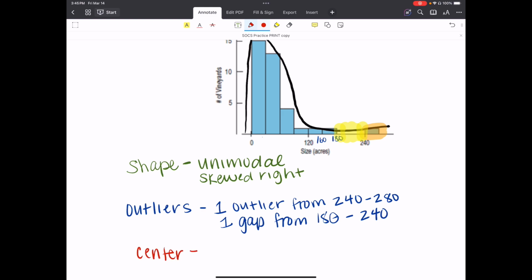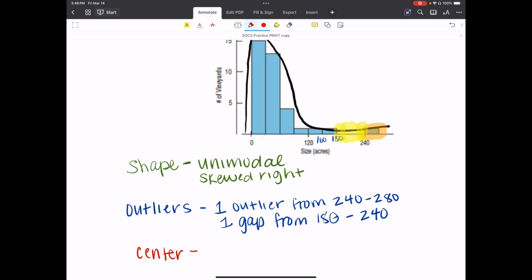So now let's talk about center. So center, it asks if you had to pick a single number to describe all the data, what would you ask? It says if the distribution is unimodal and symmetric, the center is right in the middle. If it's skewed, then it's a challenge to find.